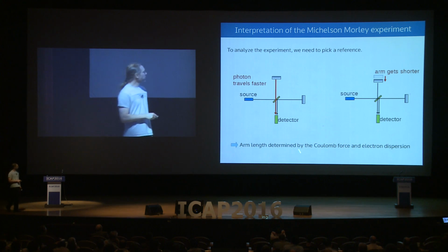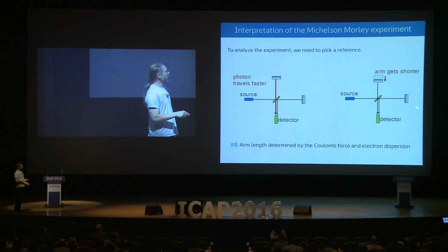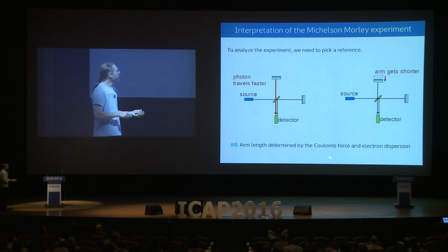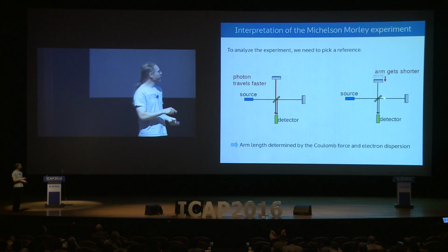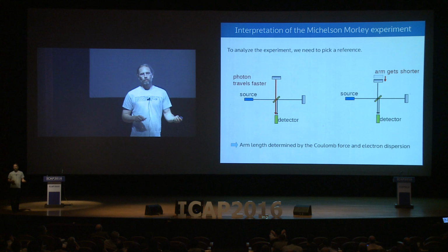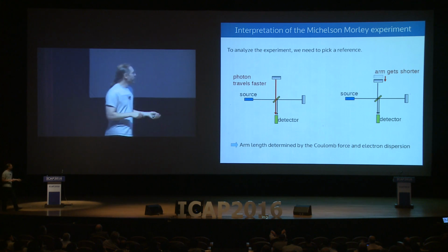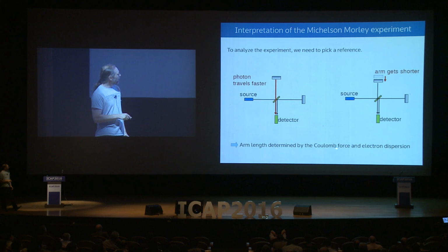One has to think of what determines the length of this arm. One reason is that the Coulomb force maybe could be different in this direction than in this direction. If you're so crazy as to assume that the dispersion relation changes, why not this? So this would be a possible explanation.